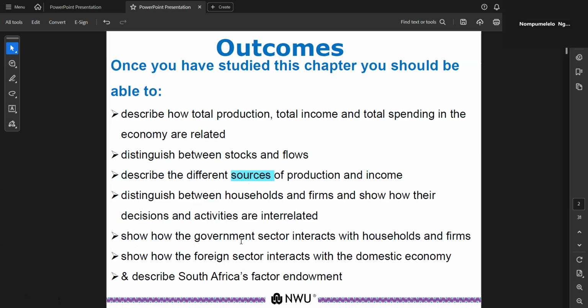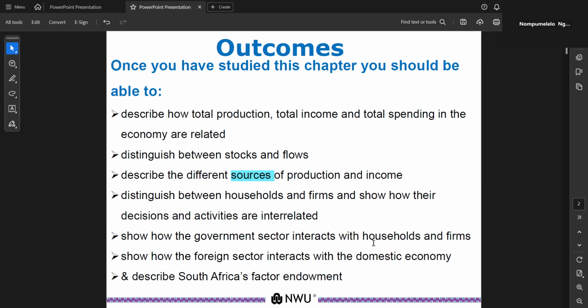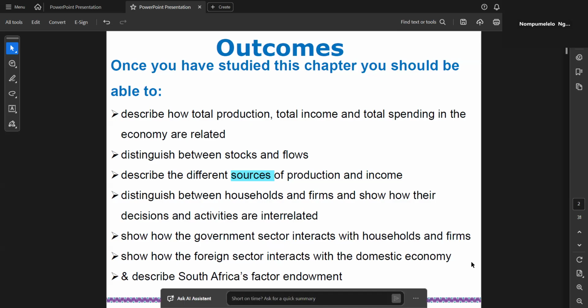Show how the government sector interacts with households and firms. Show how the foreign sector interacts with the domestic economy. And then describe South Africa's factor endowment.